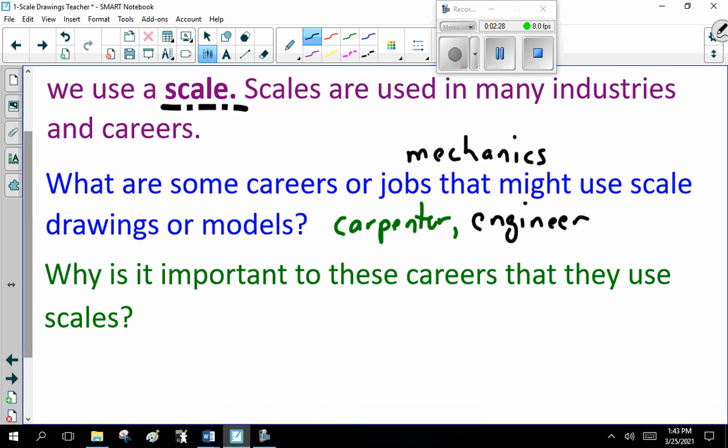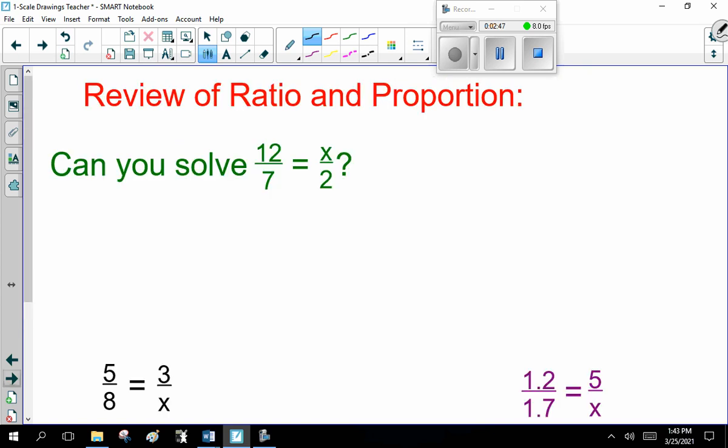Well, correct measurement. You really do want the correct measurement. If the engineer is building the airplane you're flying in, good enough or close enough is not good enough.